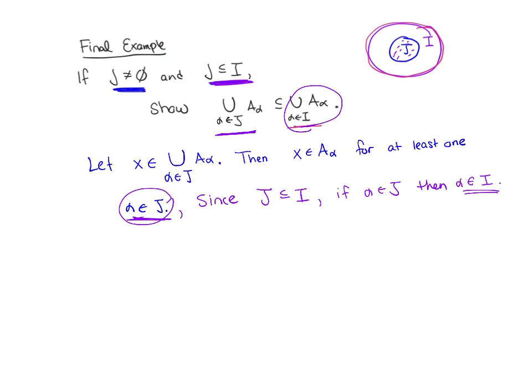So maybe here we can say, since this is true and I know it was in J, then alpha was in that I. Okay?